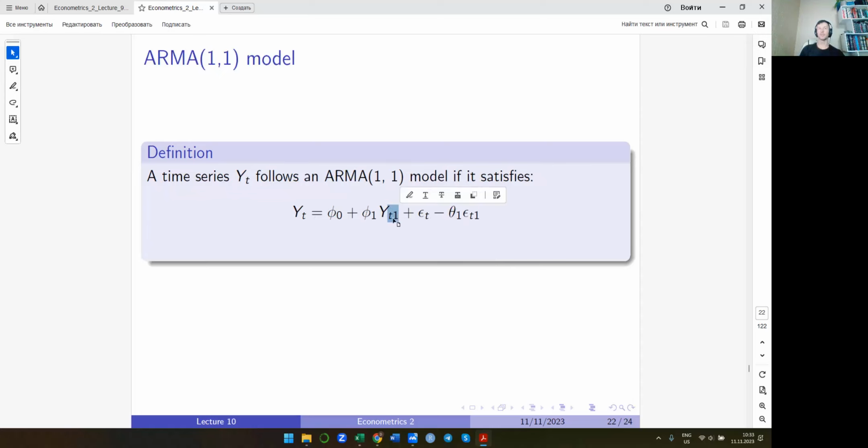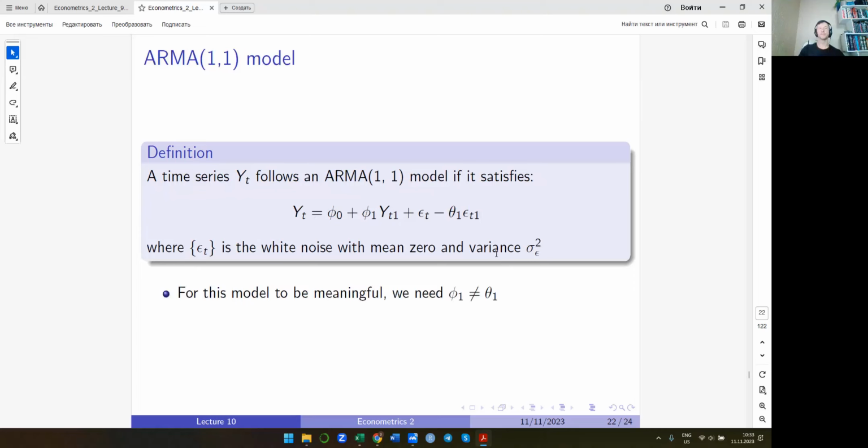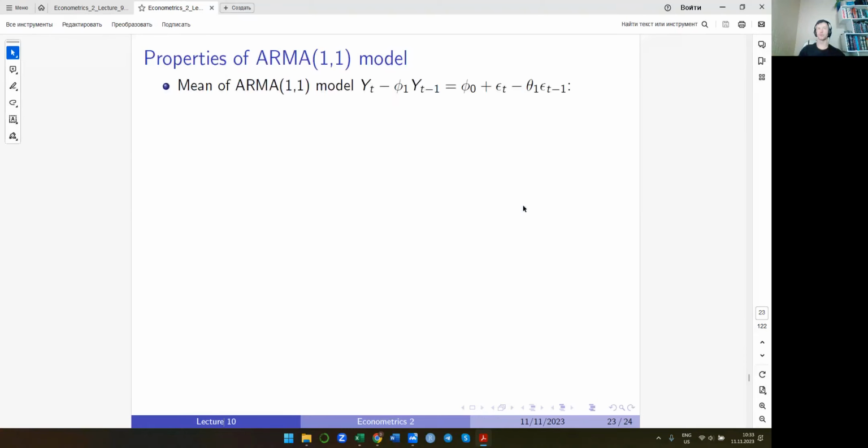Again, some bug here probably. So it must be t minus 1 here and t minus 1 here. So first of all, in order to have a meaningful model, phi 1 should not be equal to theta 1. Otherwise, it is not going to be an ARMA 1,1 model.